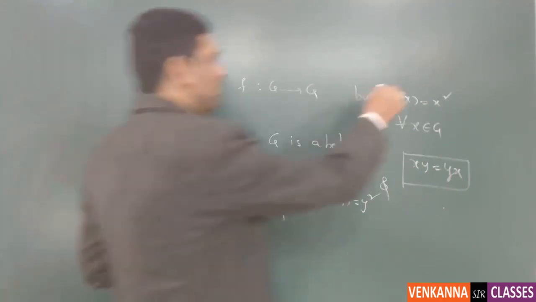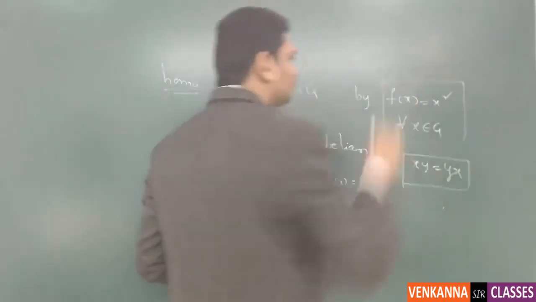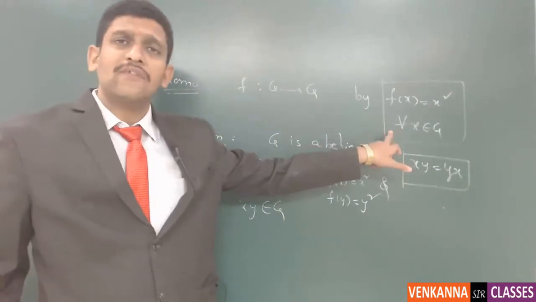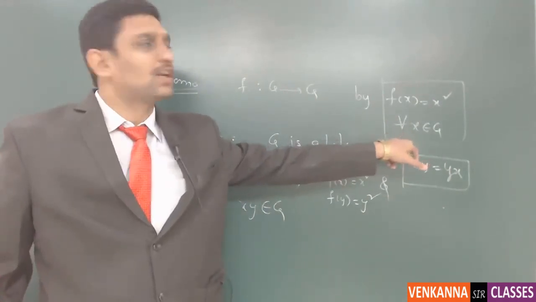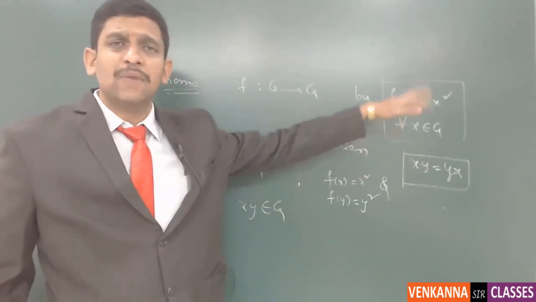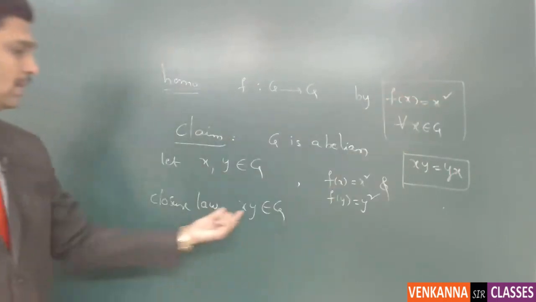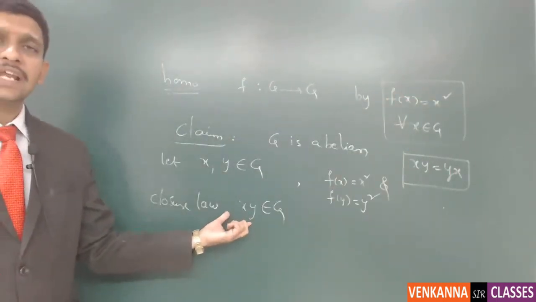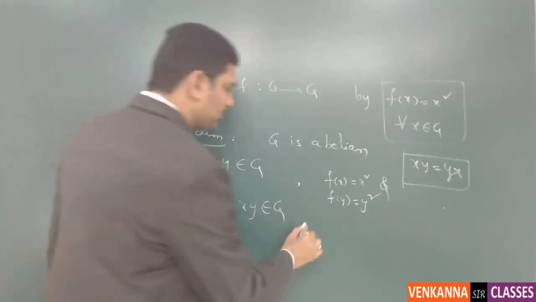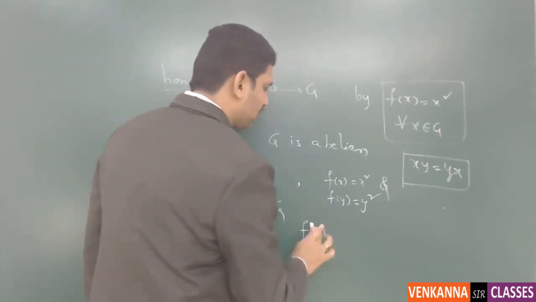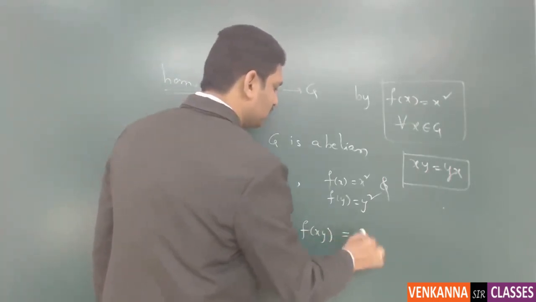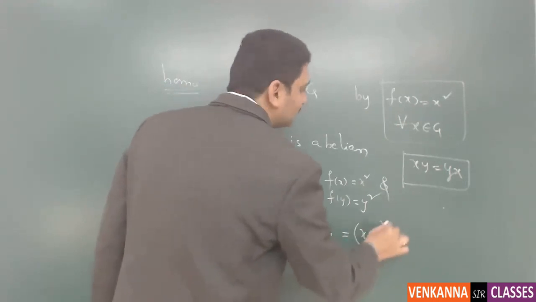From this definition, whatever element you take in the group, f of x is nothing but its square. Since xy is an element in the group, we have f of xy equal to xy whole square.